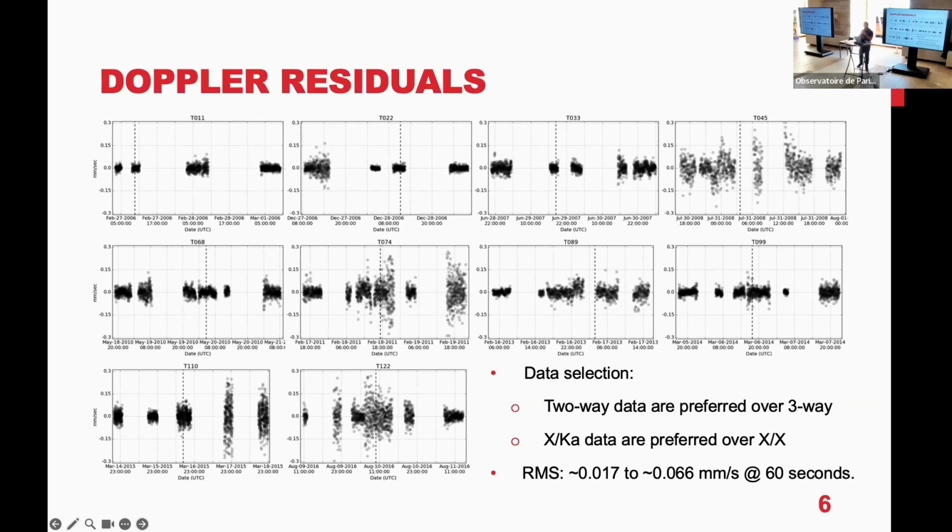In addition, for the data calibration, we exploited the advanced media calibration system, which uses the data from the advanced water vapor radiometer on the Earth to calibrate for the effect induced on the Doppler shift of the radio signal from the Earth troposphere, thus improving a lot the data quality and again preventing biases in the estimation.